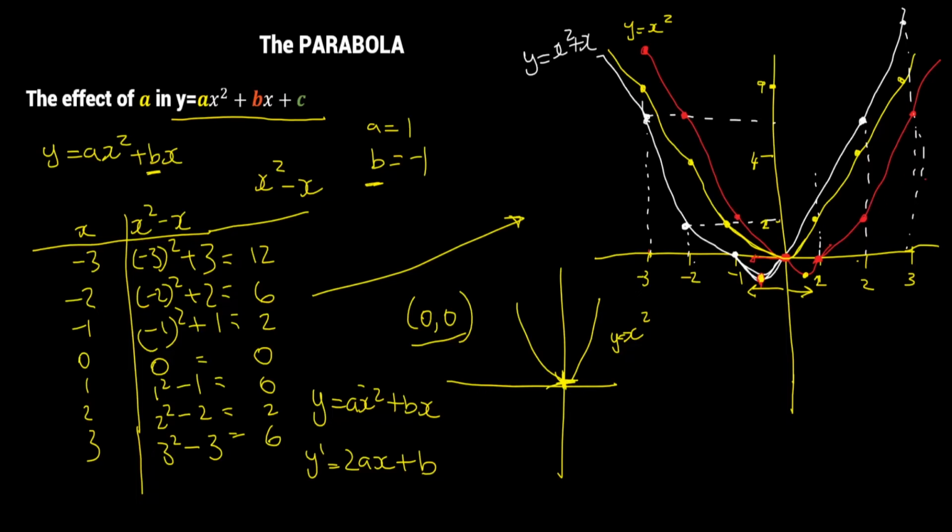So here we're going to have 0 is equal to 2ax plus b. And then that's going to give us the x value is equal to negative b over 2a. So now we can see that the value of x at the turning point is x equal to minus b over 2a. So we can use this equation to calculate the turning point.